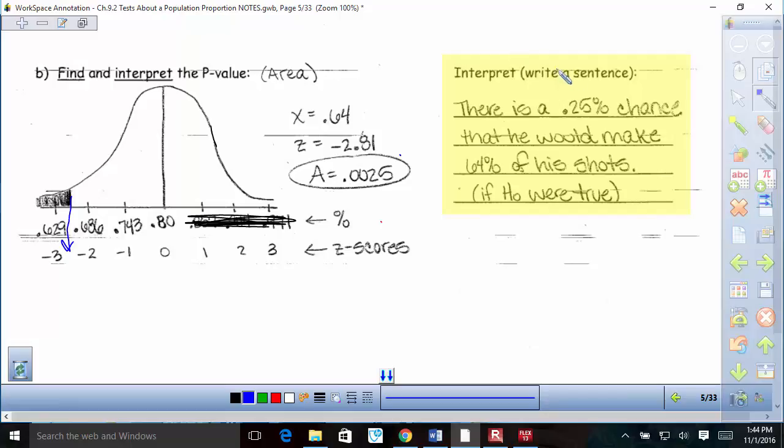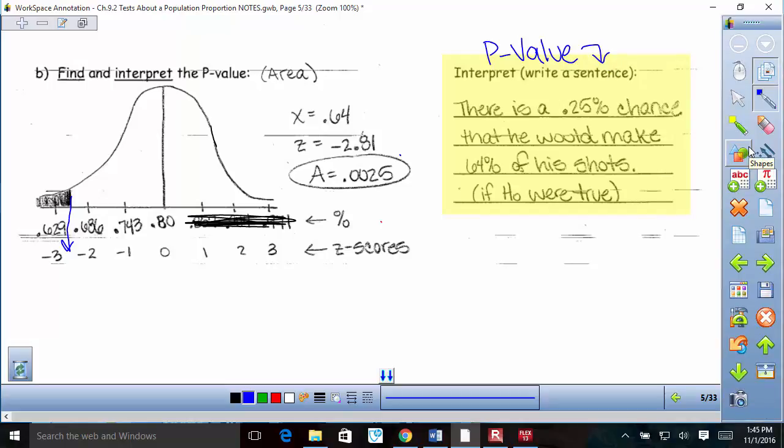And this is interpreting the p-value. The p-value and the area, probability, they're all the same thing. This is a sentence that you're going to memorize, kind of like the confidence interval sentence that you memorized, I hope.